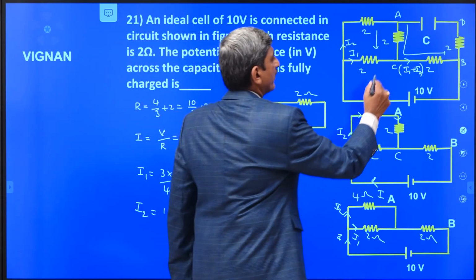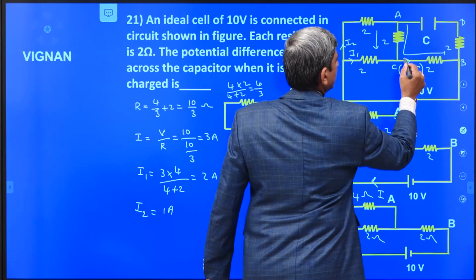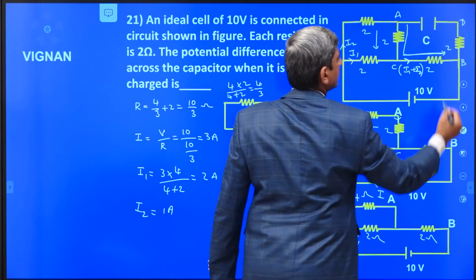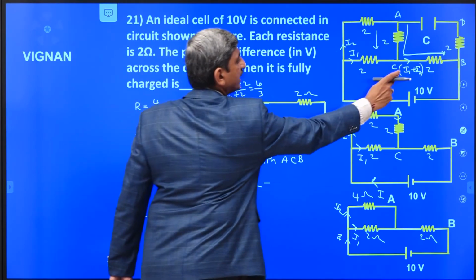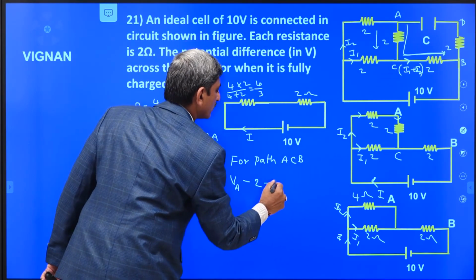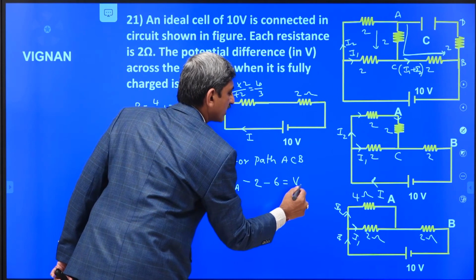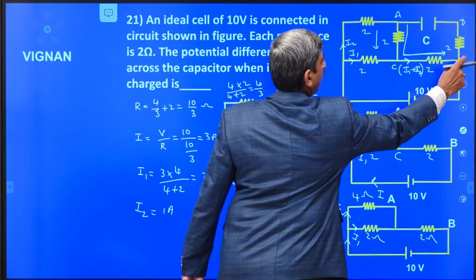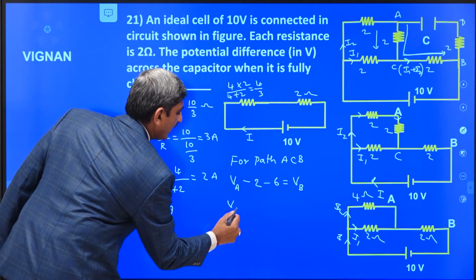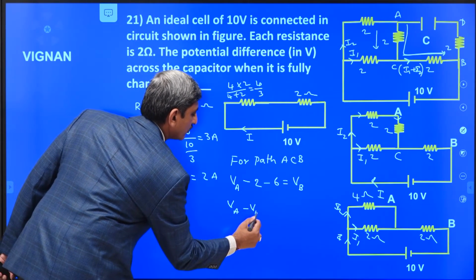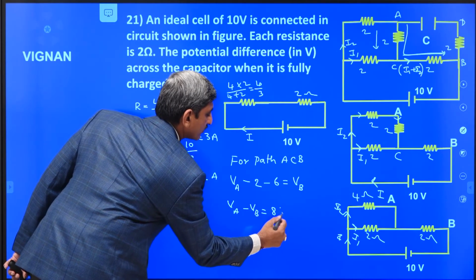Next, when we are moving from C to B, here also the direction of the current and the direction of the path are the same, so that minus I1 plus I2 is equal to 3, 3 into 2 is equal to minus 6. That must be equal to the potential at the end point of the path, VB. From this we can write VA minus VB is equal to 8 volts.